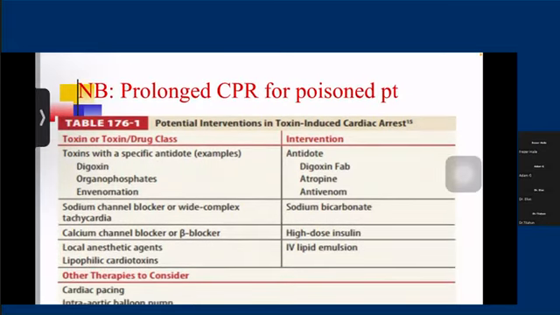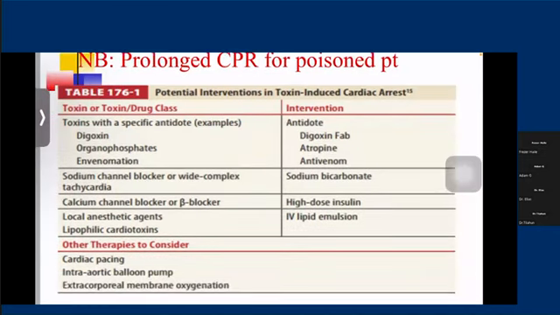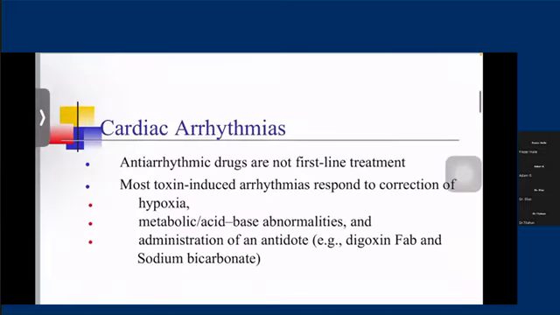So prolonging CPR is important for patients who present with poisoning because of the patient epidemiology, which is usually young patients with no medical comorbidities. So the chance of recovering this patient is high, so we need to prolong the resuscitation. While resuscitating this patient, we also have to consider giving an antidote if the poisonous agent has one.